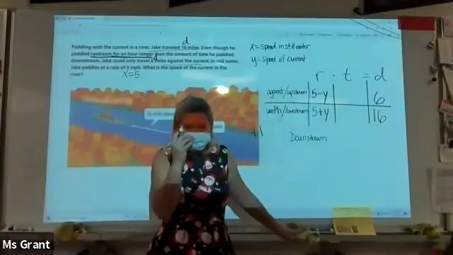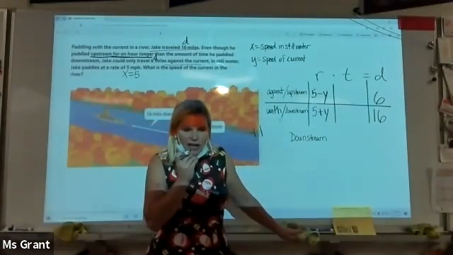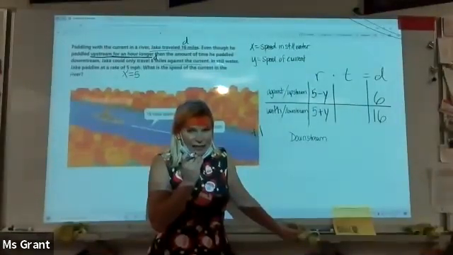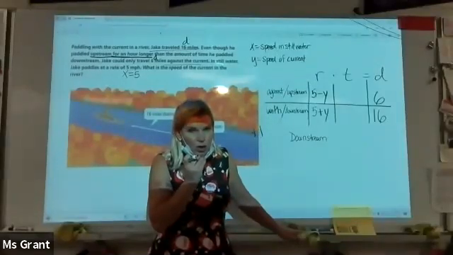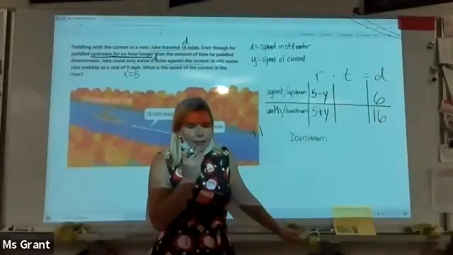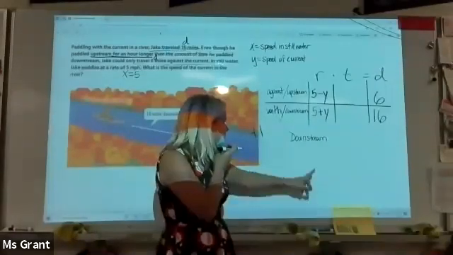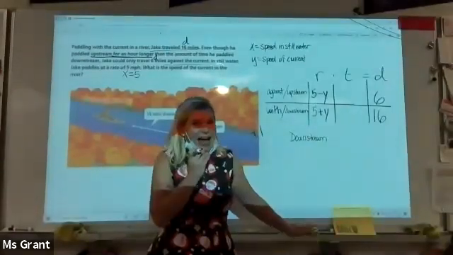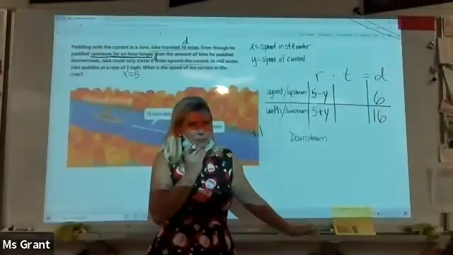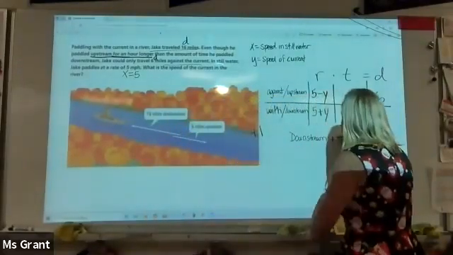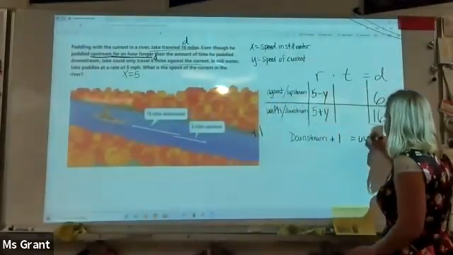So that means, listen, however long it took him to paddle downstream, I have to add an hour to that because he was slower going upstream. So it's downstream plus 1 equals upstream.